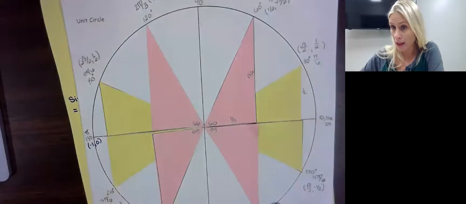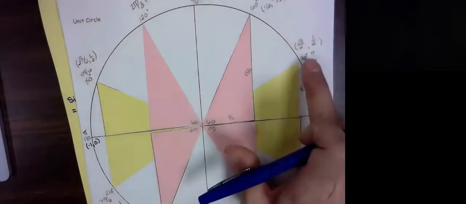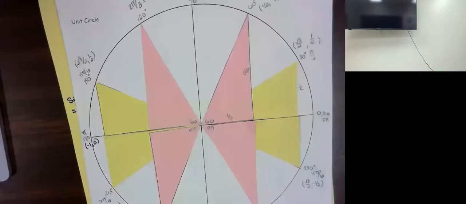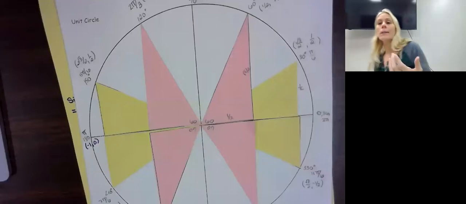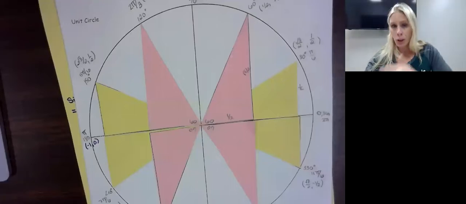So we're back at our pi over 6. Or you could do what we did above by subtracting a full circle.